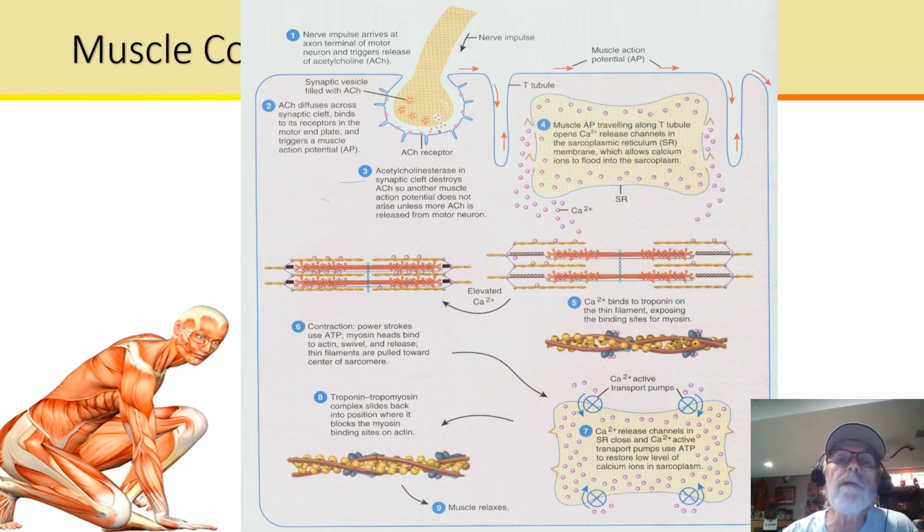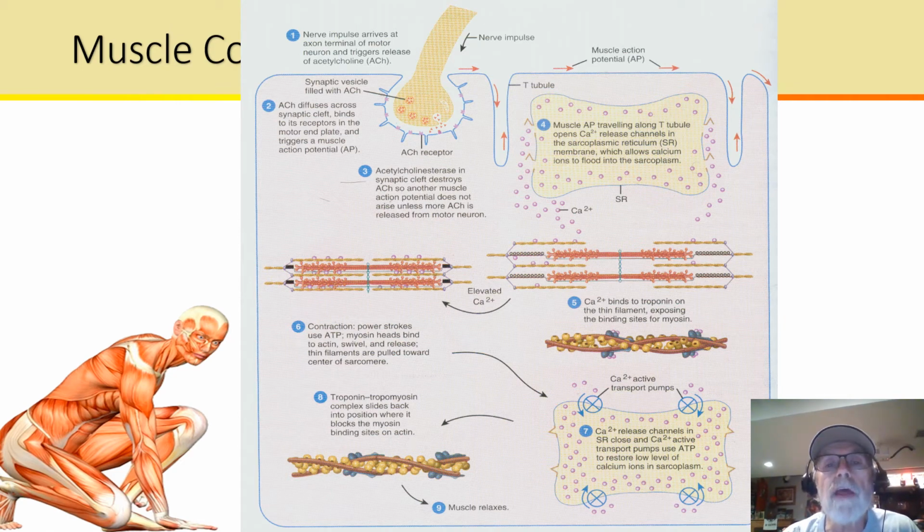1. Nerve impulse arises at the axon terminal of the motor neuron and triggers the release of acetylcholine. We know that. We've talked about that probably 15 times already. And there's the acetylcholine right here being released into that synaptic cleft, which is made between the nerve terminal and that synaptic gutter. 2. Acetylcholine diffuses across the synaptic cleft and binds to its receptors on the motor end plate and triggers a muscle action potential.